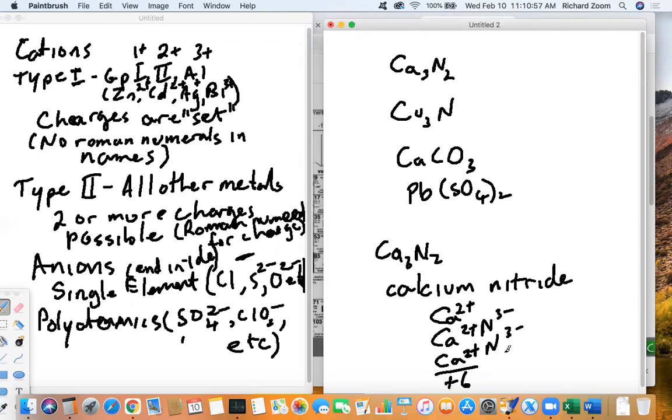Nitrogen is 3 negative on each of them, so that's negative 6, so it balances out. This is why I don't need to say how many of each there are in the compound, because we know from the charges how many there have to be in order to make the plus 6 and the minus 6 balance out.